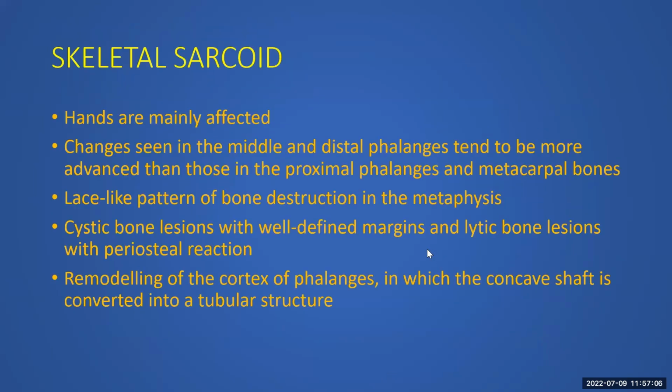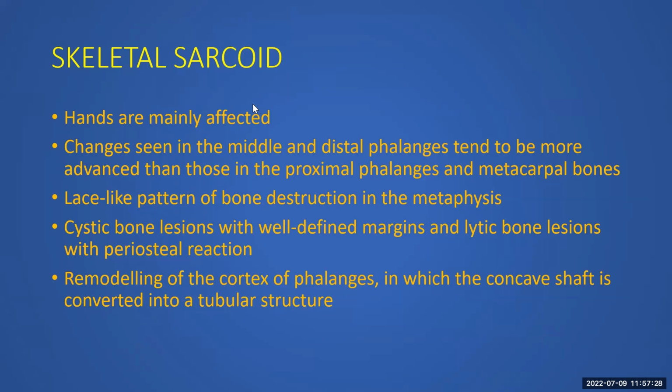Skeletal sarcoid, again, not common, but from an exam point of view, it's got some classical findings, so it's good for you to remember this. The most commonly affected part is the hands. The changes are seen mainly in the middle and distal phalanges. You have what's described as a lace-like pattern of bone destruction.